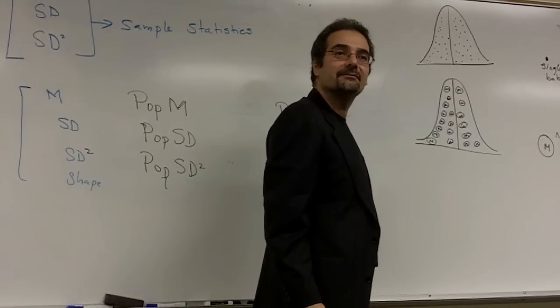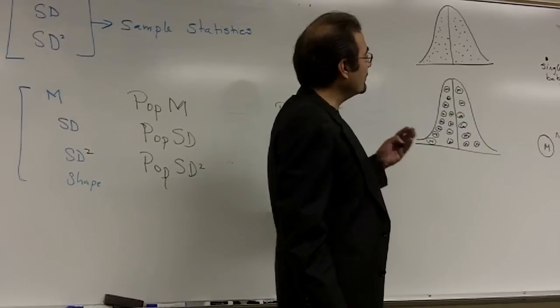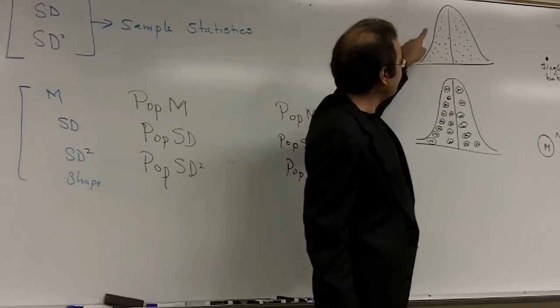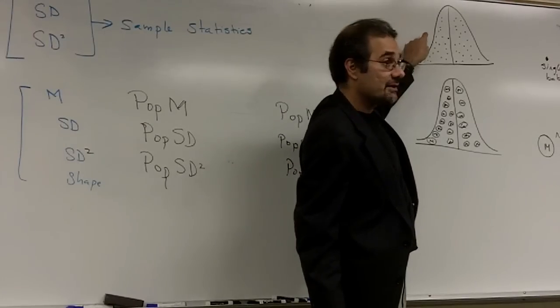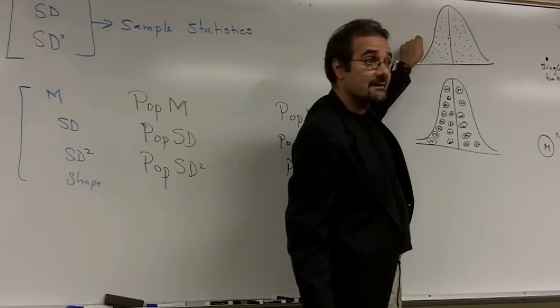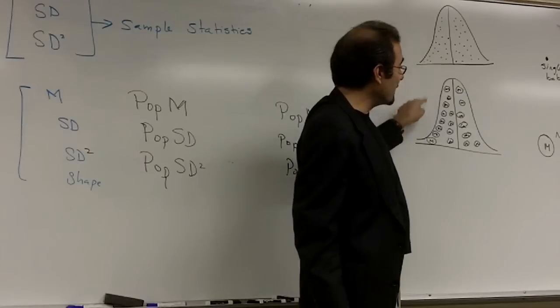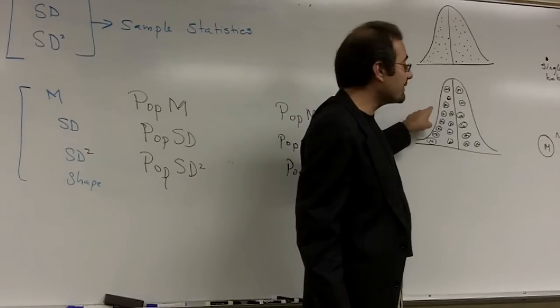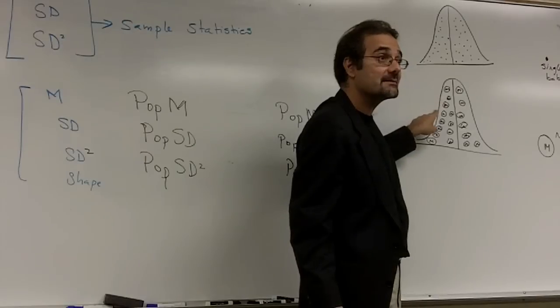Everybody okay with that? So the new thing we've added to this chapter is that instead of looking at a simple distribution of single scores, we have moved to another level. We are now using a comparison distribution made of a distribution of means.